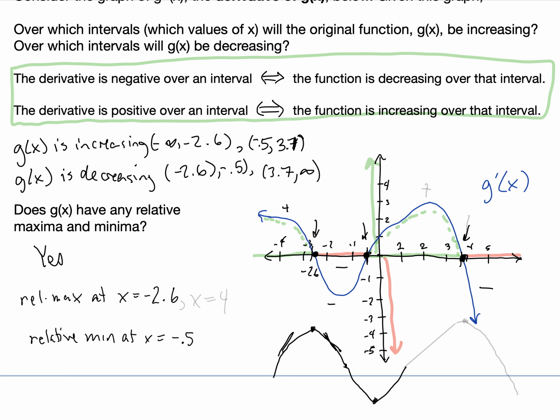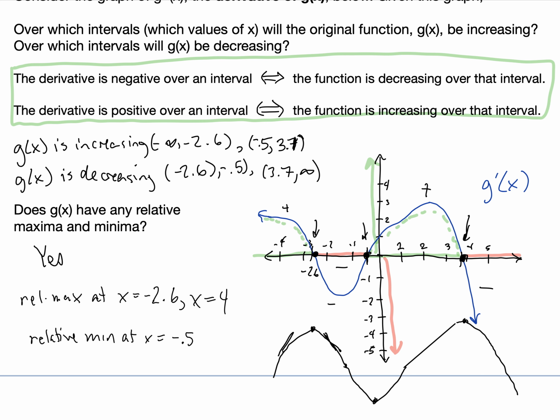And lastly, at this point, the derivative again went from being a positive value to being a negative value. So the original graph was going up, had a positive slope, and continued having a positive slope, and then has a negative slope at x equals 4. So again, x equals 4 is going to be a relative max.